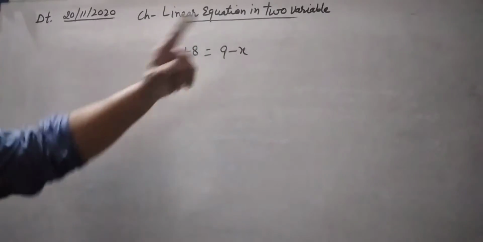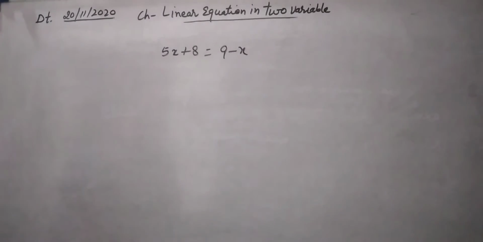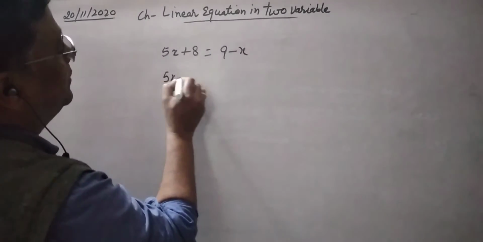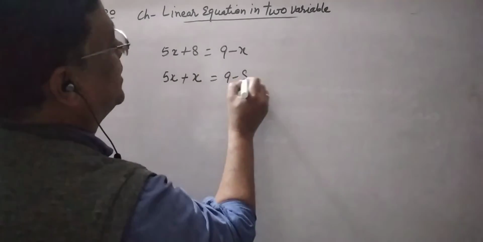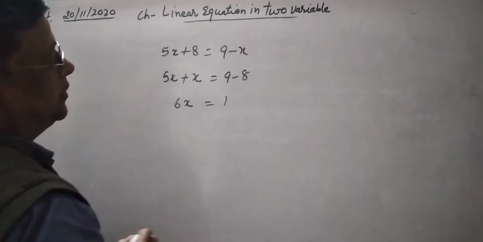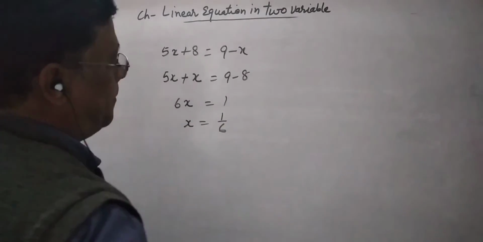First of all, this is an equation in one variable because it has only x as the variable. So we transfer the like terms: 5x plus x equals 9 minus 8. So it is 6x equals 1. Correct? So x is 1 by 6.